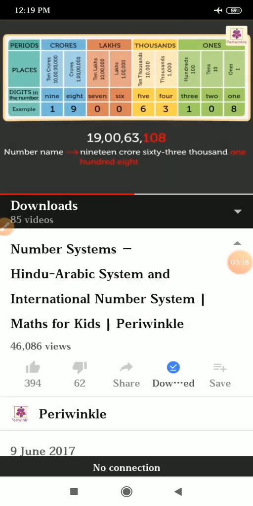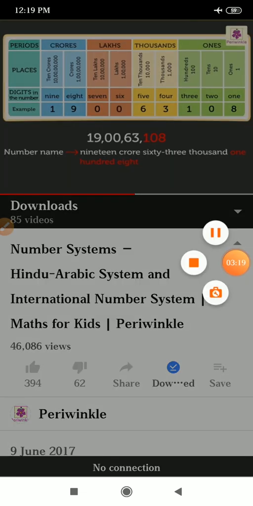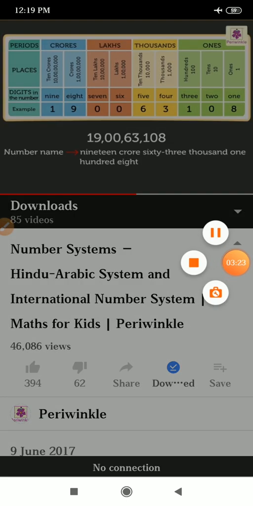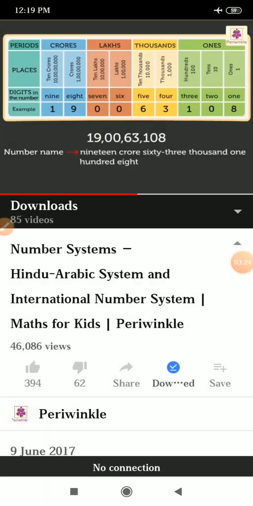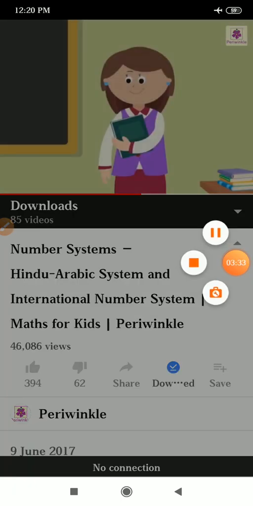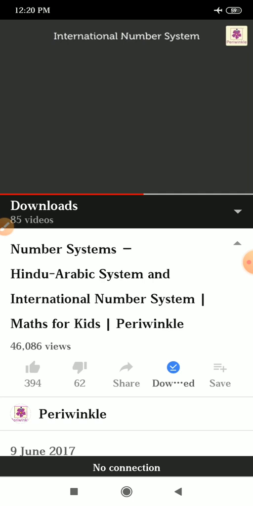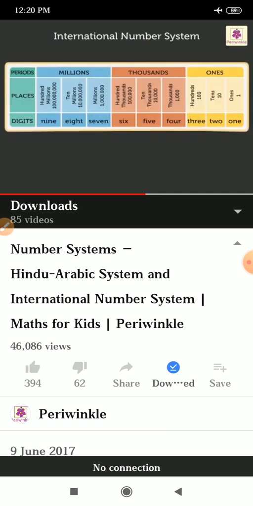Now let us look at the international number system. Look at this table. It shows the periods, the places, and the digits. We know that 7-digit numbers are placed in the ones, the thousands, and the millions periods. These periods too comprise places.